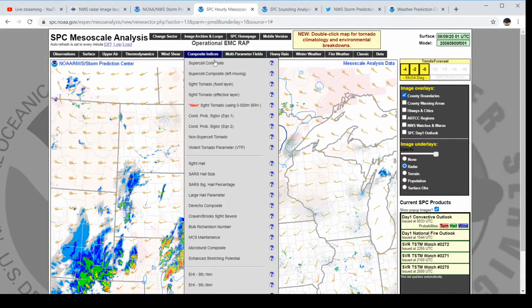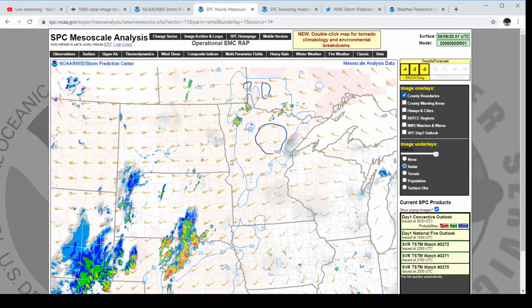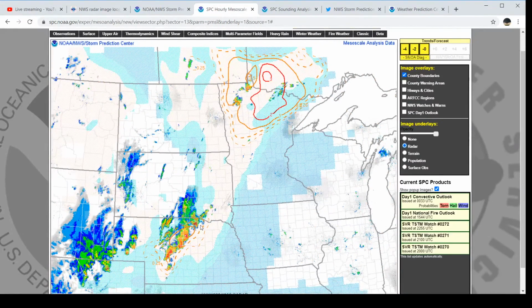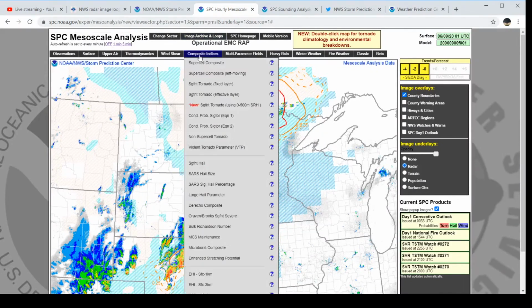So if we look at the new significant tornado parameter using the surface, it's just a 1, so it's very limited, 0.5, 0.25, not very high.